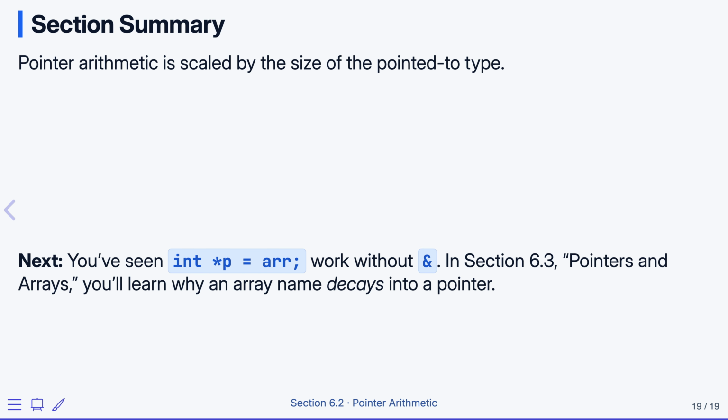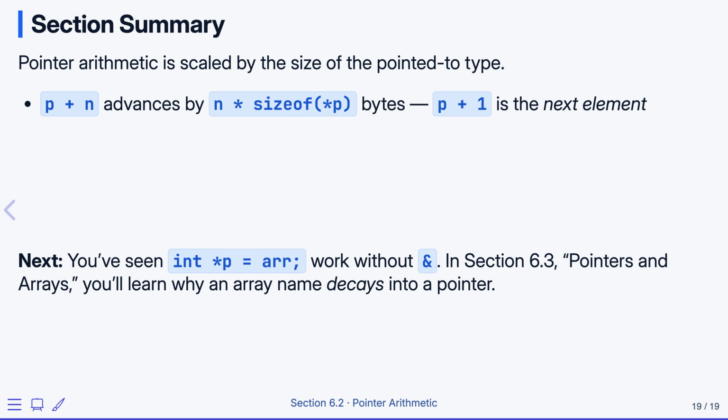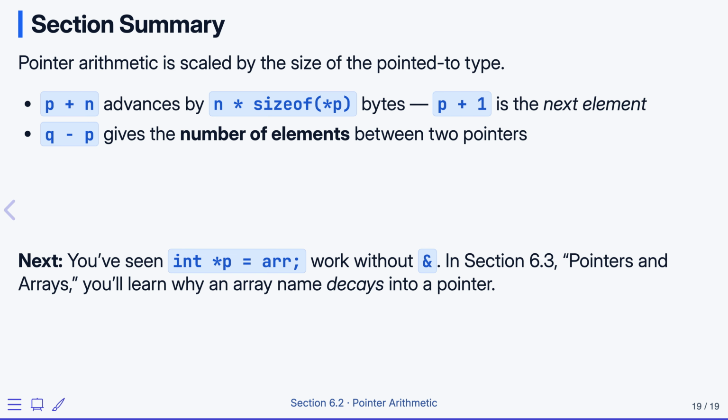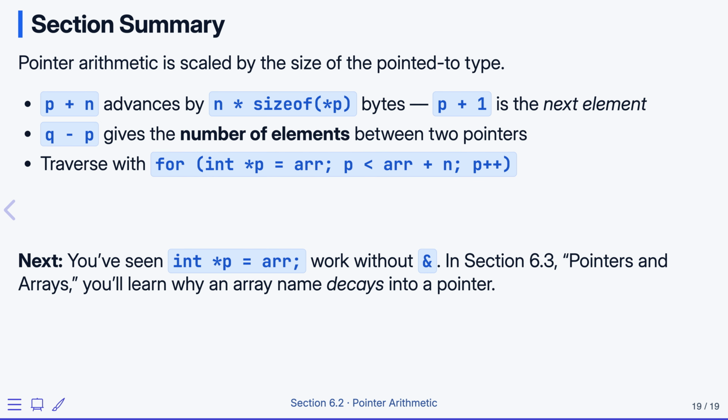Let's recap. Pointer arithmetic is scaled by the size of the type it points to. Adding n to a pointer moves ahead by n times the element size in bytes, so p + 1 is always the next element. Subtracting 2 pointers gives the number of elements between them, not the bytes. To walk an array, use a for loop that starts a pointer at r, continues while p is less than r + n, and does p++.